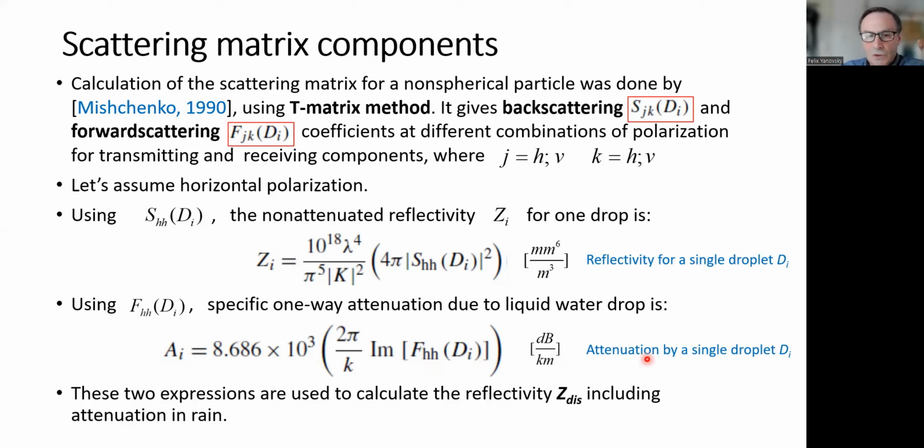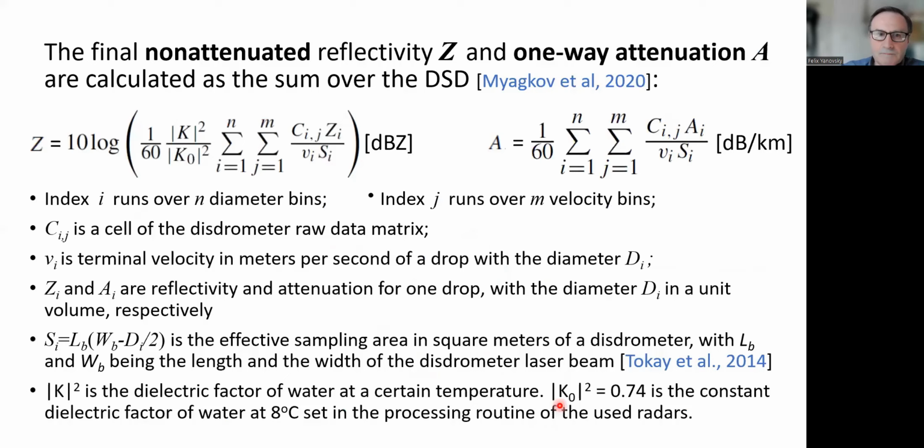And these two expressions are used to calculate the reflectivity based on the drop size distribution measured by the disdrometer, including attenuation in rain. Here you can see the final non-attenuated reflectivity Z and one-way attenuation, which are calculated as the sum over the drop size distribution, in dBZ and in dB per kilometer.